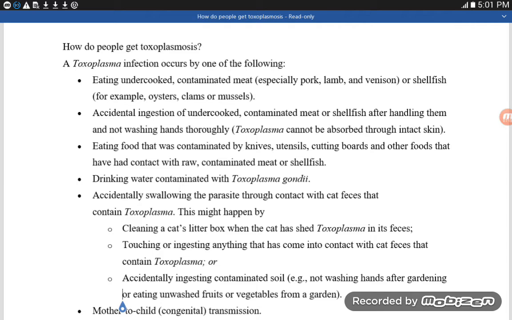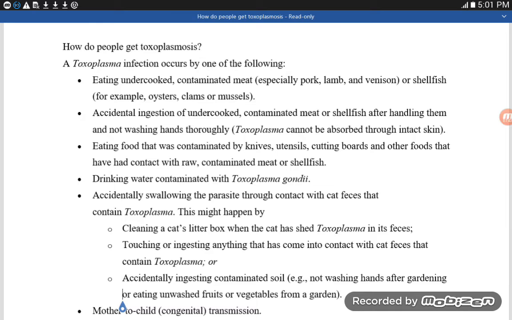We don't know whether the cat is infected by Toxoplasma. If we know the signs and symptoms, we can tell the cat is infected, otherwise we don't know. So when we touch a place where cat feces have been, we can also get Toxoplasma. Accidentally ingesting contaminated soil.